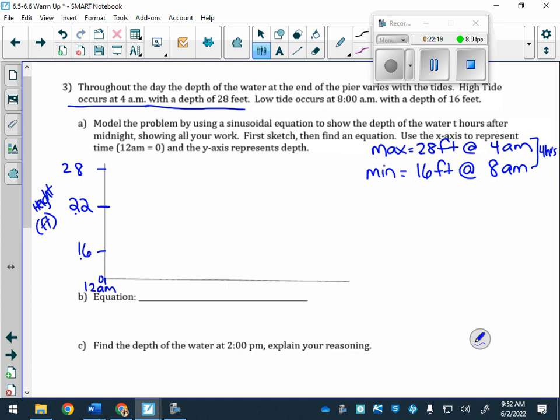Therefore, amplitude is what? 6. The amplitude is the distance from the max minus the midline, which is 6. All right, what else? What's next? The period?